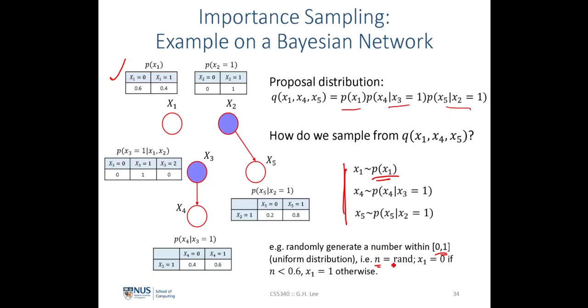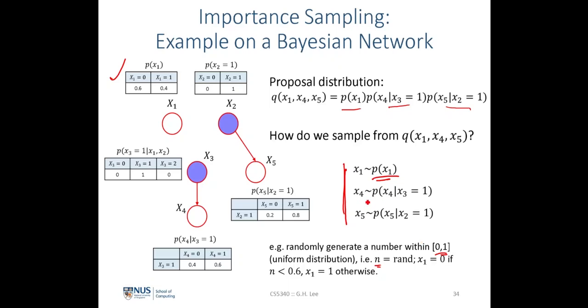In the case where n is more than 0.6, then we will say that x1 equals a state of 1. And in the case where this number is lesser than 0.6, we will say that x1 takes a state of 0.